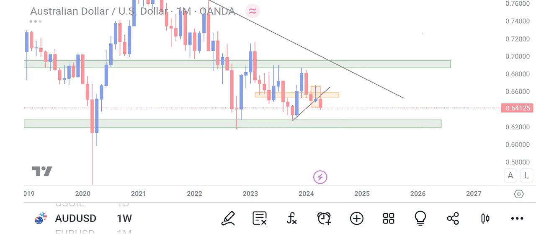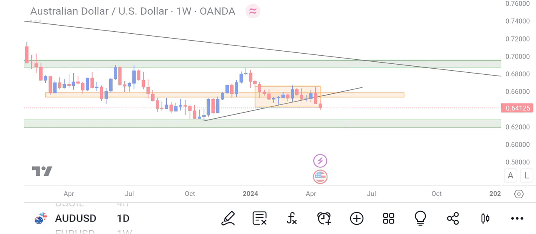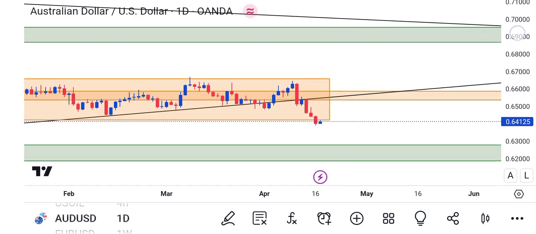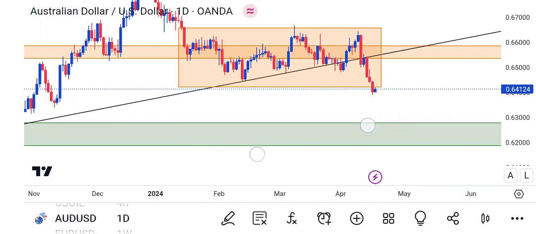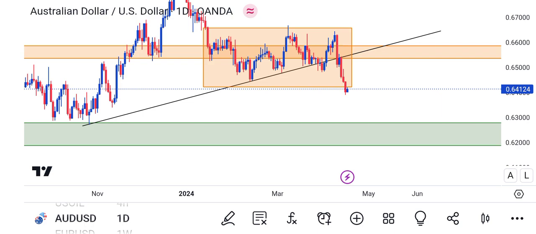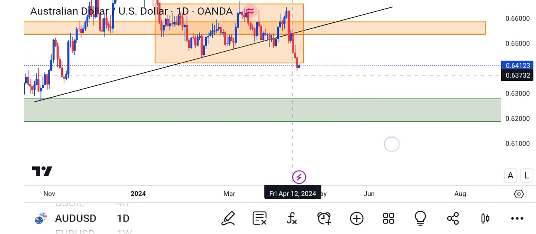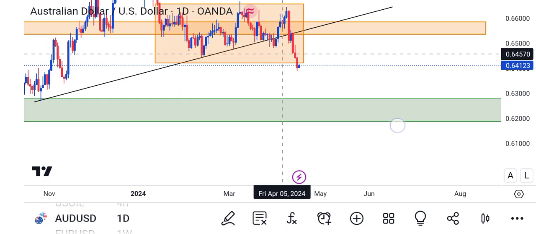On the daily time frame, AUD has been in a range. It has been in a range, so that was why I boxed it. I put it in a box. It was respecting this counter trend line, but now it has broken below and it has broken out of the box.